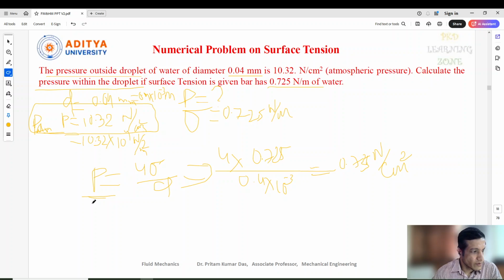Now actually one outside pressure is there, that is 10.32 into 10 to the power 4 Newton per meter square.